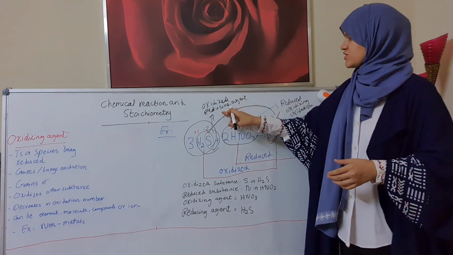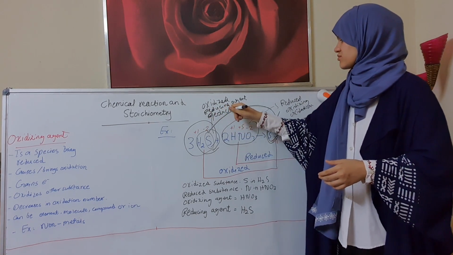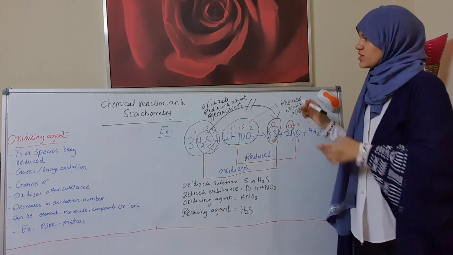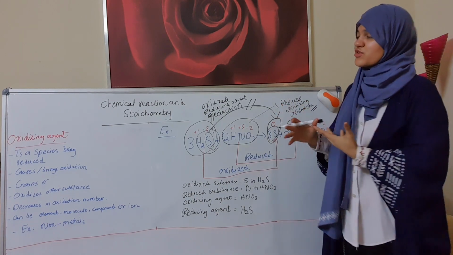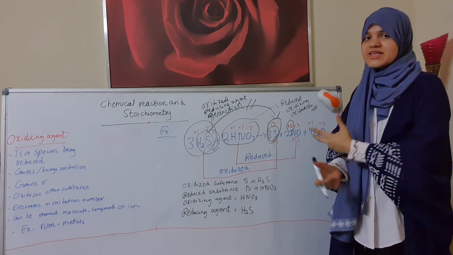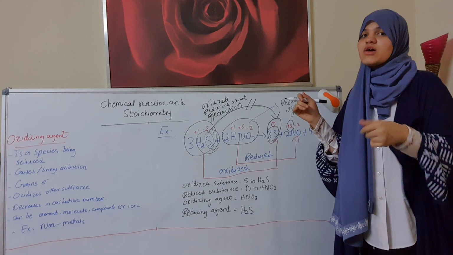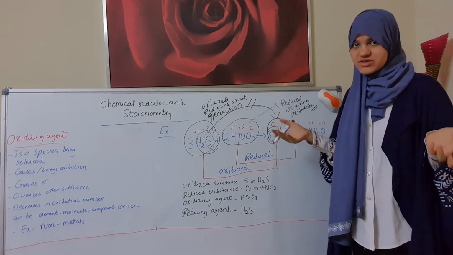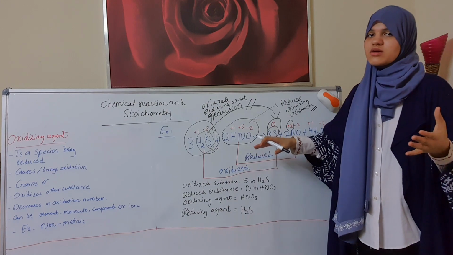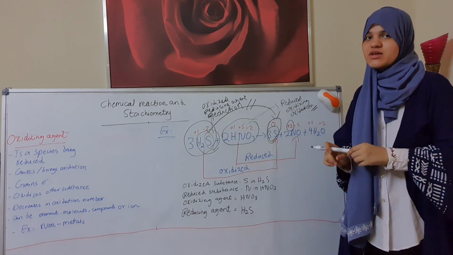Here oxidized, reducing agent, and reduction. So this is the difference between oxidizing agent and reducing agent. Oxidation, reduction. Oxidized, reduced. And this was an example about a redox chemical reaction.